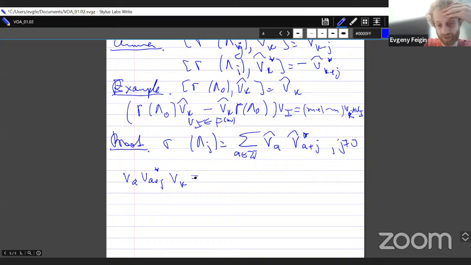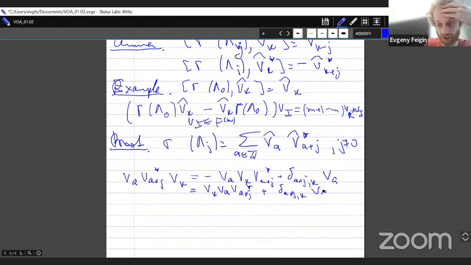By the very definition, this is minus v_a v_k hat v_{a+j} star plus delta_{a+j,k} times v_a. And the latter is just v_k hat v_a v_{a+j} star plus delta_{a+j,k}.